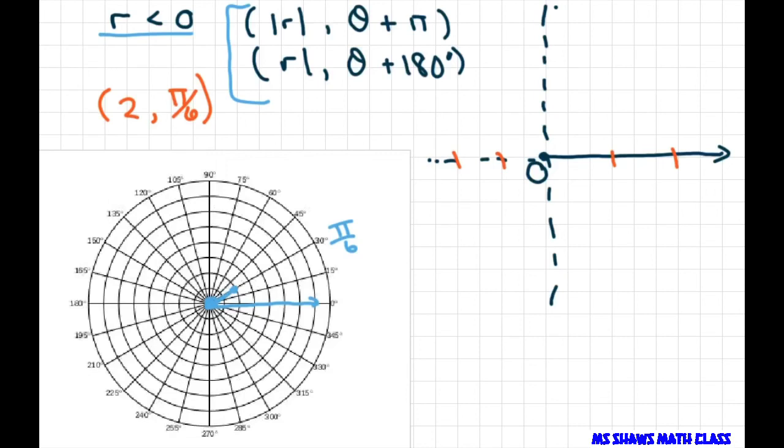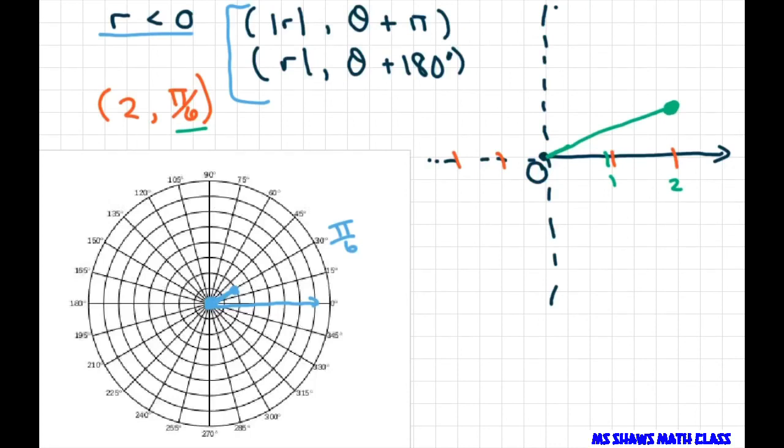All right, so there's that. Now, what we're going to do in the next video is we're just going to estimate. So basically this is 30 degrees. Just estimate 30 degrees and you go out 2 units. And then you just draw it like that. And that's what we're going to do in the next video.